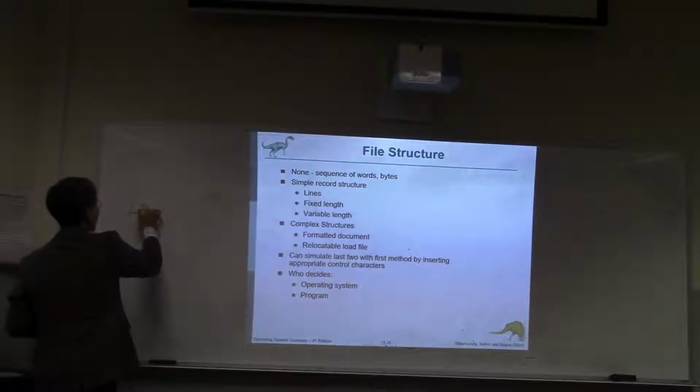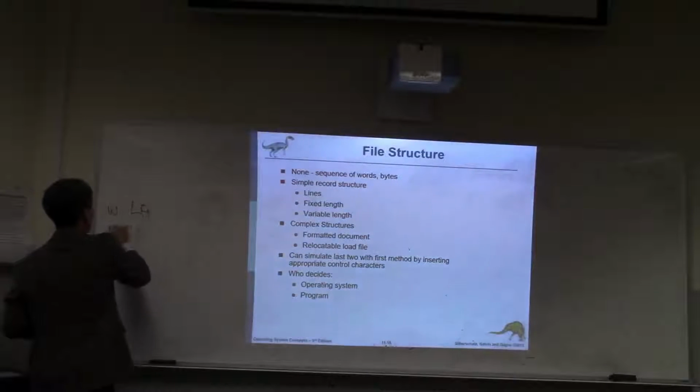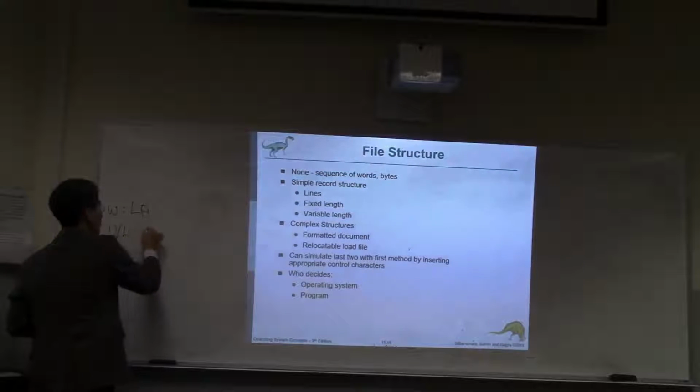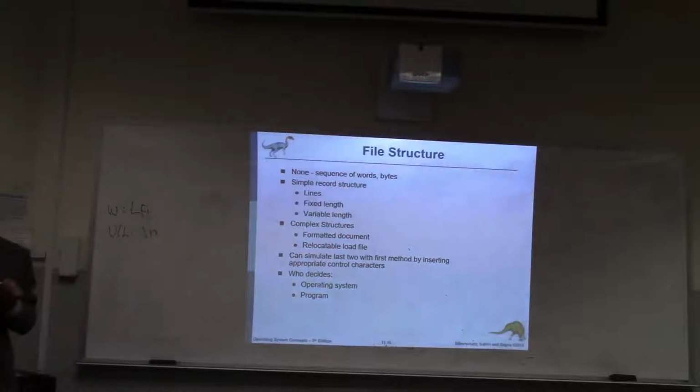And on the other hand, Unix or Linux systems use \n as the new line character. And also, if you are using Microsoft Word, the data structure is more complicated. So many file structures depend on the application.